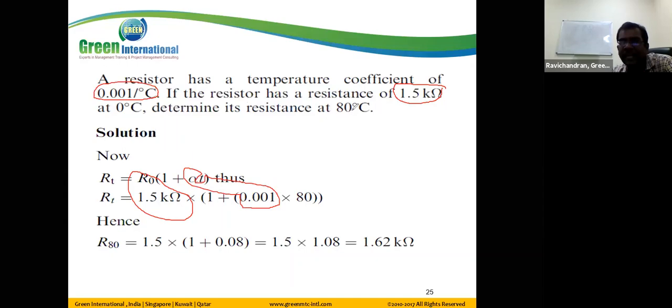Determine the resistance at 80 degrees Celsius, that is, T is equal to 80. Substituting this value in the formula, we get the resistance at 80 degrees. As the temperature increases, the resistance also increases from 1.5 kilo ohm to 1.62 kilo ohm, which means if temperature increases, the resistance value increases.